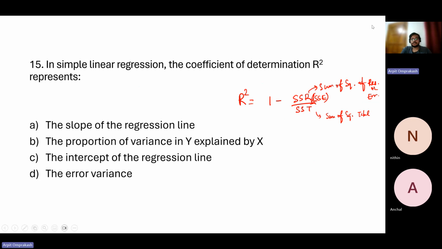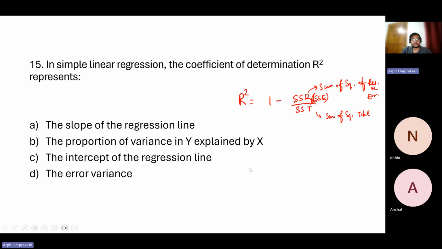Okay. So someone says option C. Are there any other answers? Okay.